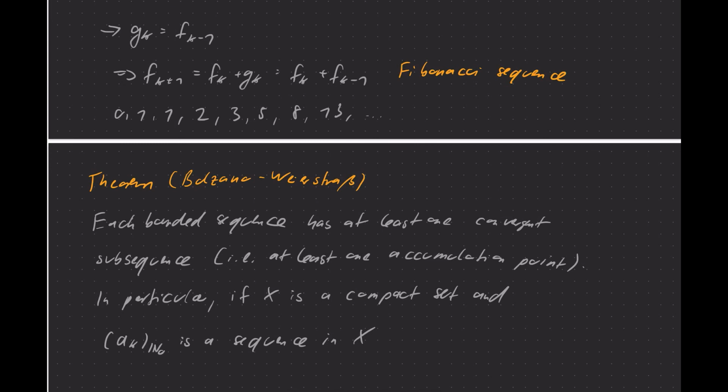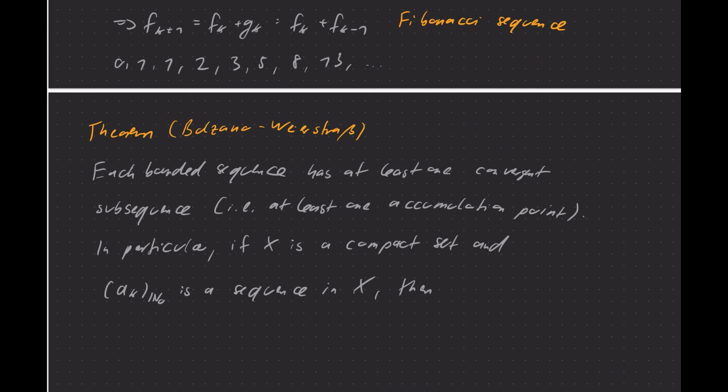then a_k has a convergent subsequence with limit in X. So the limit cannot lie outside of X. It needs to be in the set X itself.